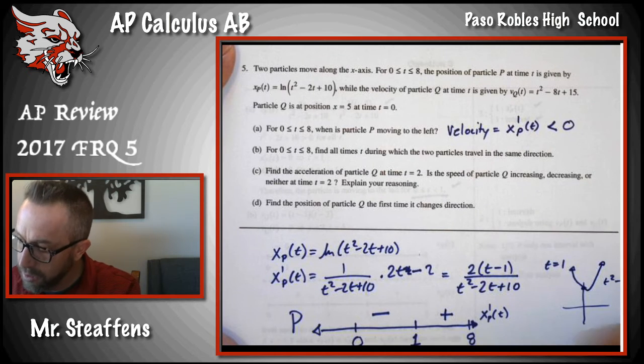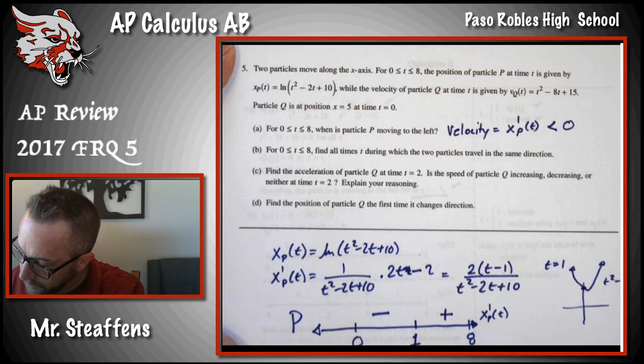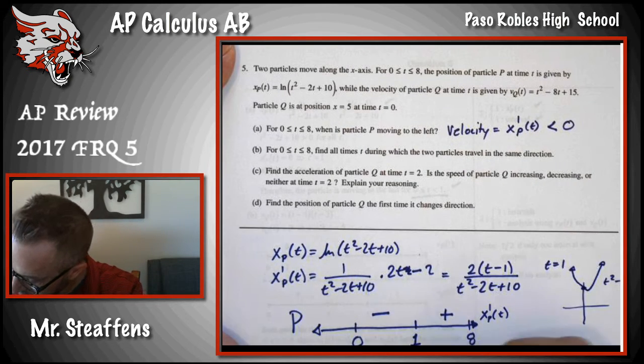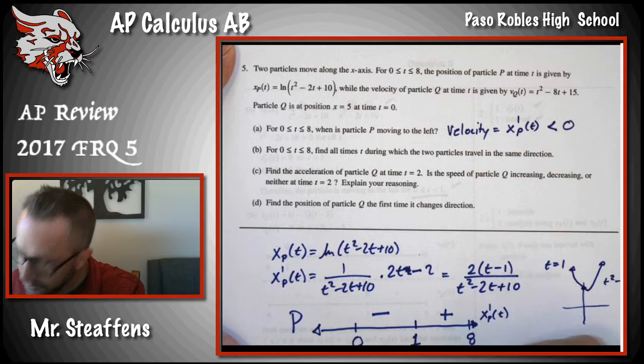So all I need to do is solve this velocity function, right? So the velocity function for Q is t squared minus 8t plus 15. That's t minus 3 and t minus 5. So at 3 and 5, this is the worst number line ever, I have two critical values.